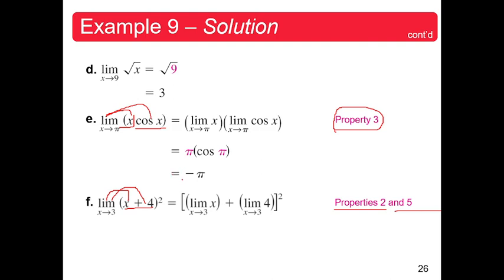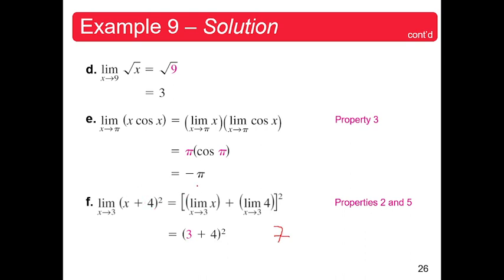We know that 4 is a constant, so the answer for that one will become 4 only, right? So if you're going to directly substitute it already, we could have 3 plus 4, and we know that is 7. And what is 7 squared? There is an exponent, take note. That is simply 49.